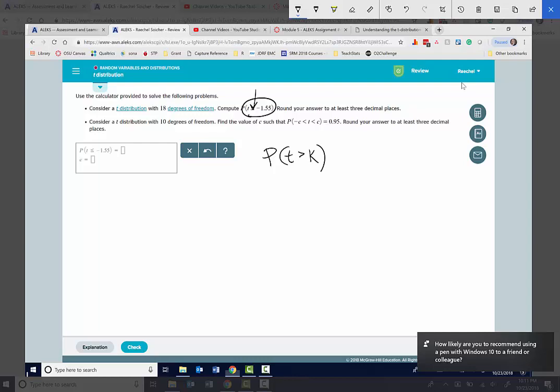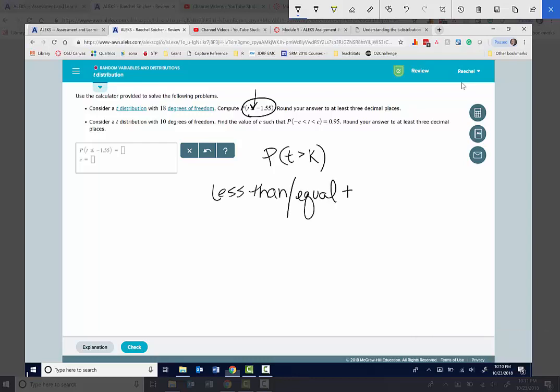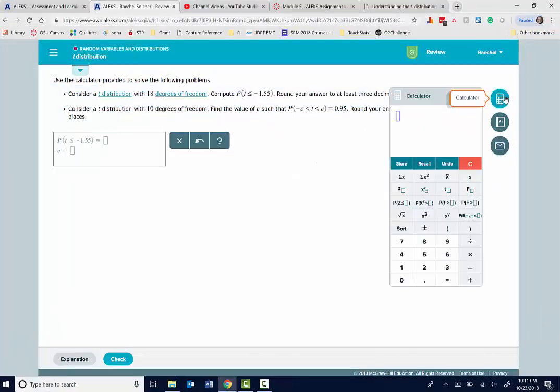So again, since we want less than or equal to, we need to use the complement rule. And so we're going to be looking for 1 minus p of t greater than negative 1.55. And then we're just going to go to the ALEKS calculator.